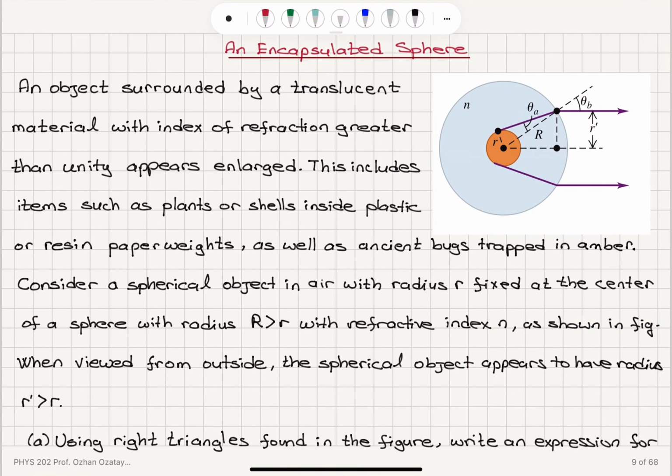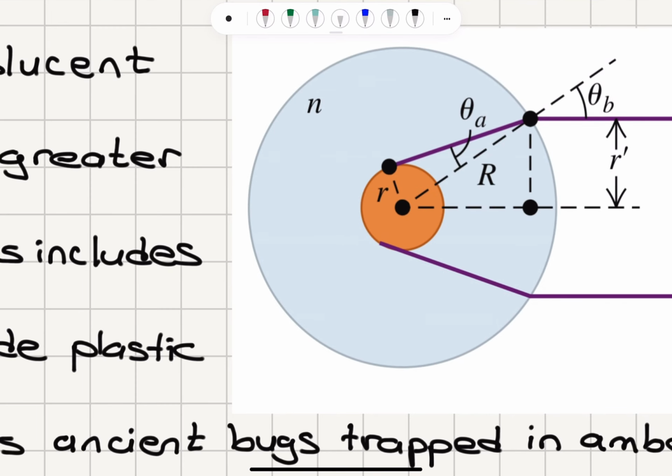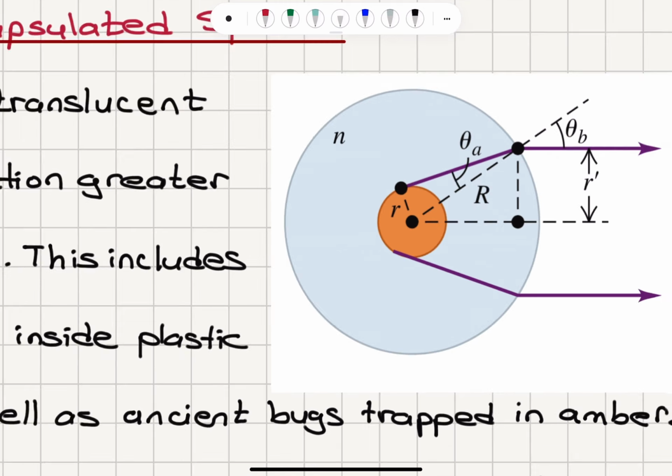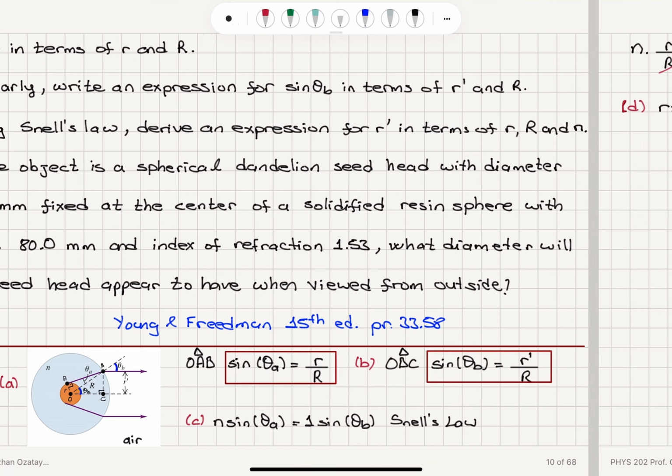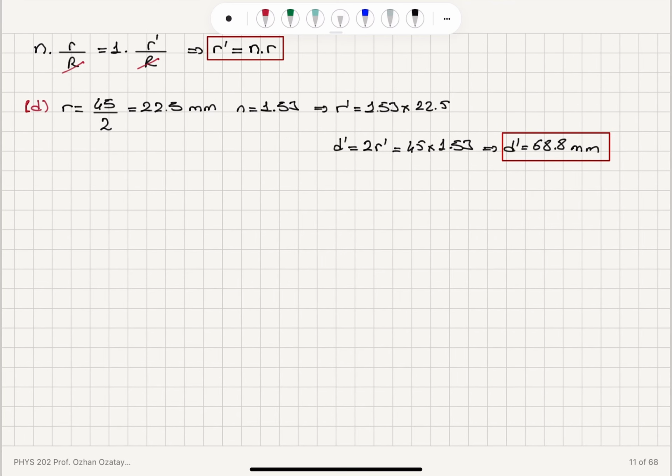And writing Snell's law, n sine theta A, the angle we make with the normal, is air index of refraction 1 sine theta B. So for sine theta A, we substitute r divided by capital R, sine theta B, r prime divided by capital R. We find that r prime is indeed larger than r by a factor n, the index of refraction.